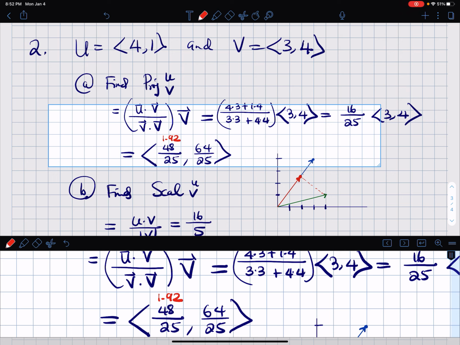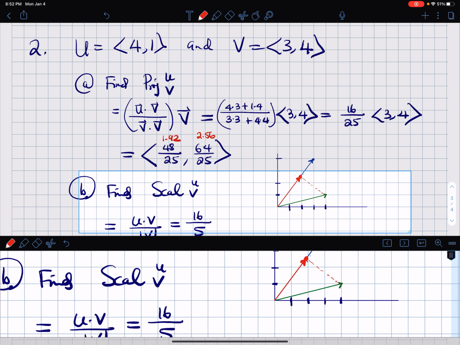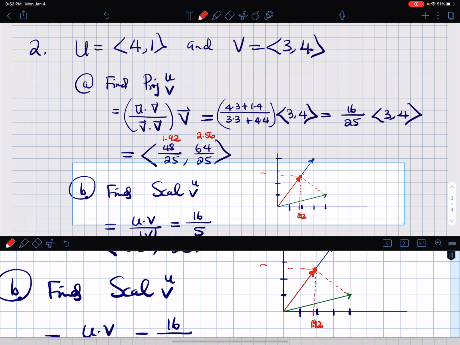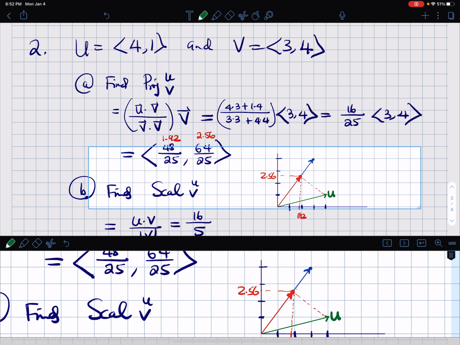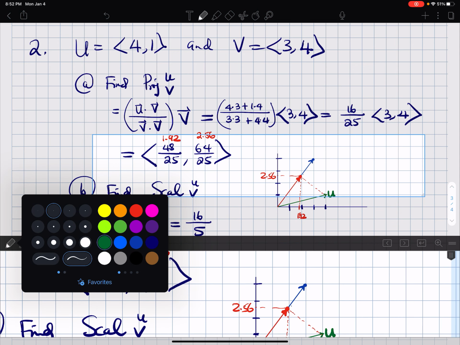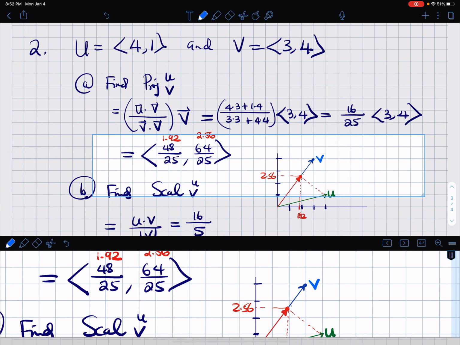And then 64 over 25 is 2.56. All right. So this makes sense. This is 1.92 here and this is 2.56. So that's how projection works. We projected U onto V and we got another vector. And geometrically, we got the correct result that we got when we did it with algebra. So we should be happy.